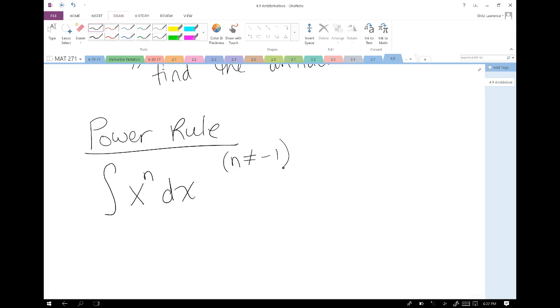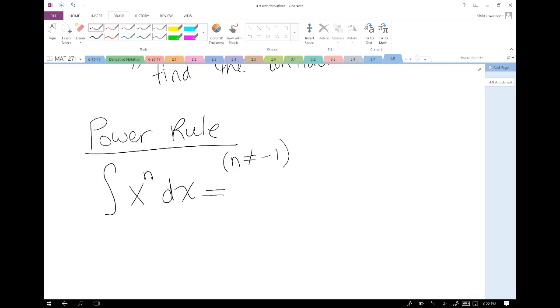We'll run into a problem. So it'll be obvious if you try this on n equals -1 that you can't do it. But as long as n is not -1, remember there is a power rule for derivatives. The power rule for derivatives says you bring your old power out front and then you subtract 1 for your new power. Well, we kind of have to do the opposite.